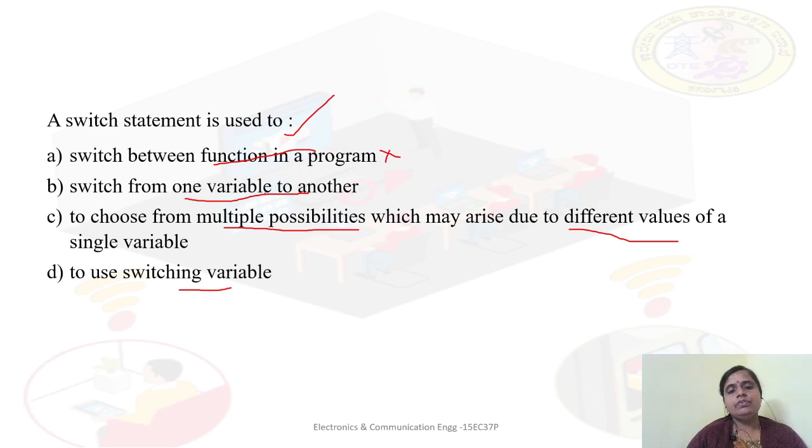The next, switching from one variable to another variable, no, that is also not correct. In C we are not going to switch. The next, choose from multiple possibilities. Yes, amongst the different cases we go for one particular case. So this is possible. Switching the variable, again this is not possible. So the right answer is C.